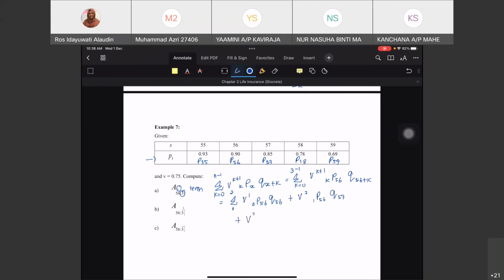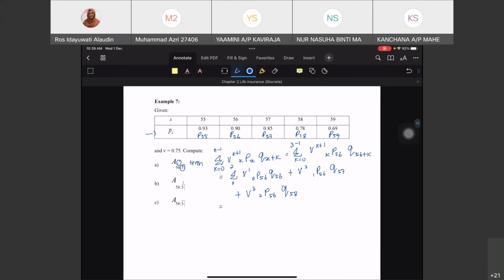Plus v cubed 2P56 q58, because k is equal to 2. Okay, so you solve one by one. It must have 3 components since n is equal to 3.